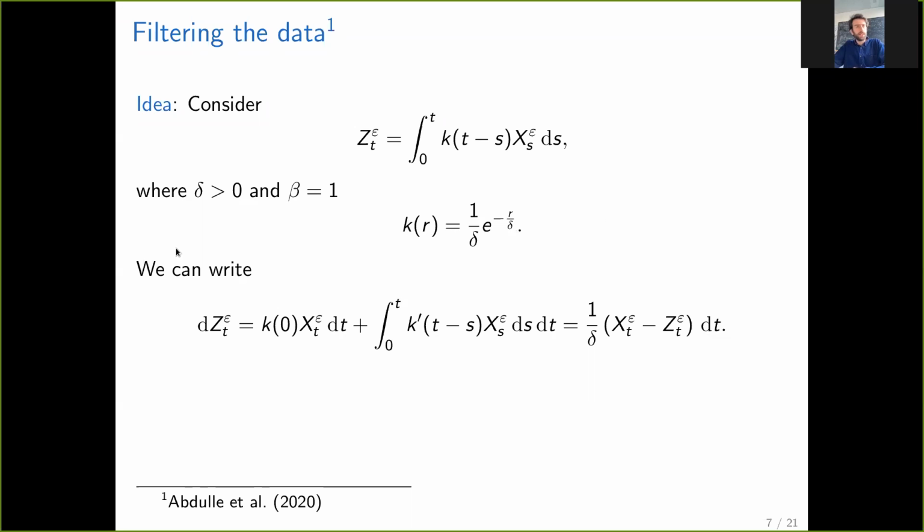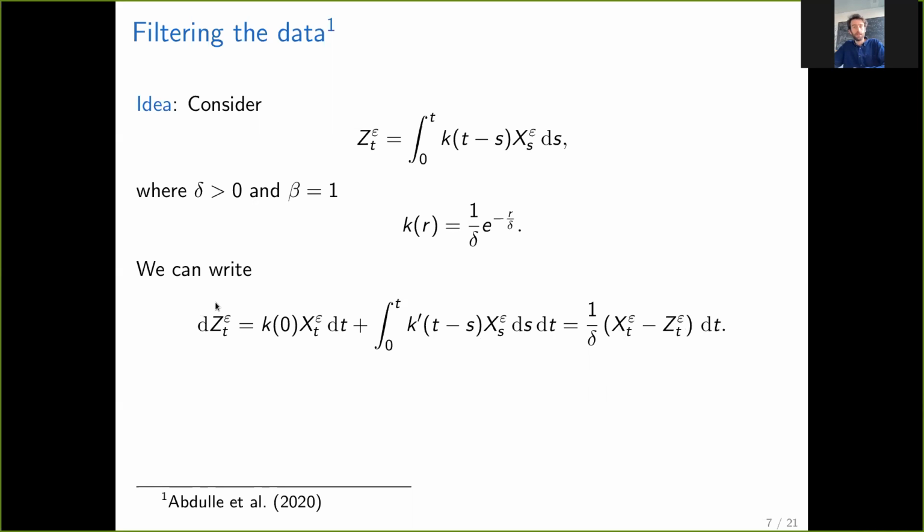So what we can write in this case is that if you differentiate Z_t epsilon over dt, what you obtain by Leibniz rule is that this is equal to k(0) X_t epsilon plus the integral of k'(t-s) X_s epsilon. And due to this exponential form, what you find is that dZ_t epsilon is equal to 1 over delta times (X_t epsilon minus Z_t epsilon) dt.